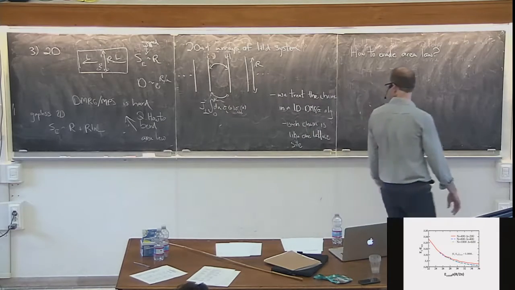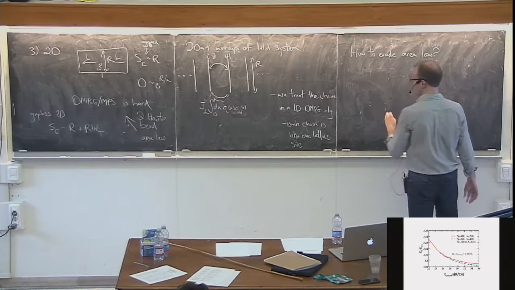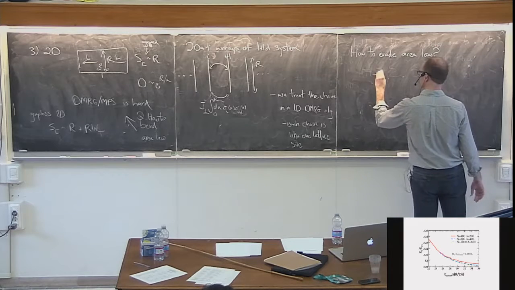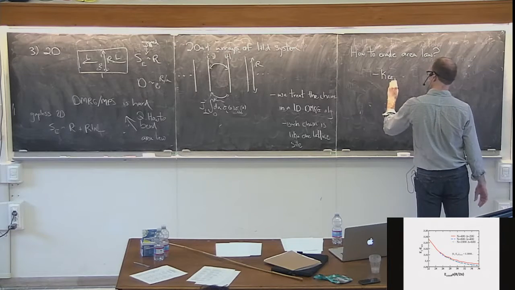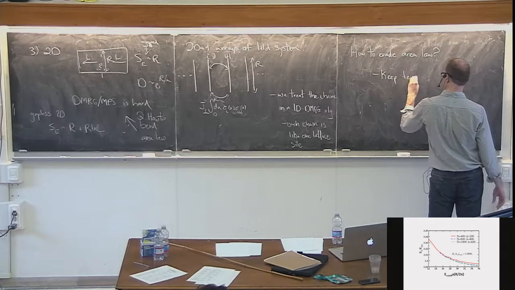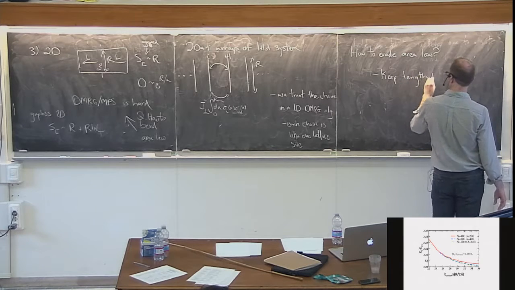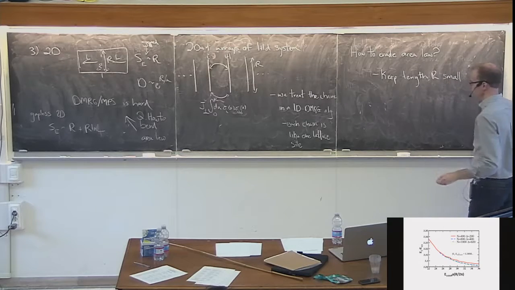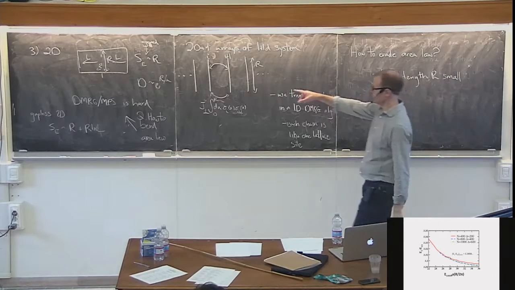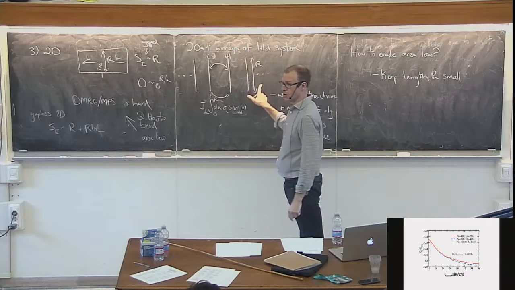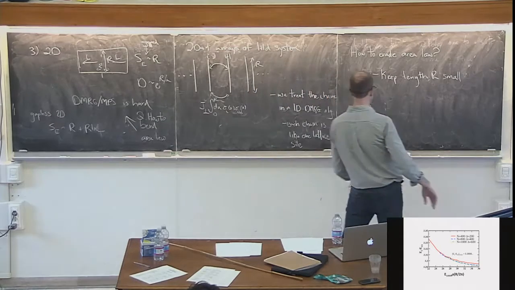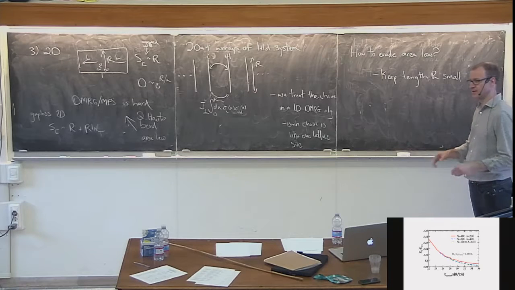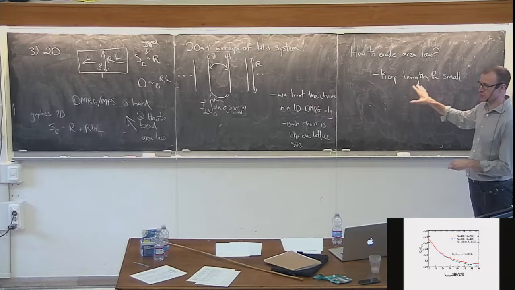But the way we keep the entanglement under control is we keep the length of the chain small. And you can say, well, isn't that going to be problematic?